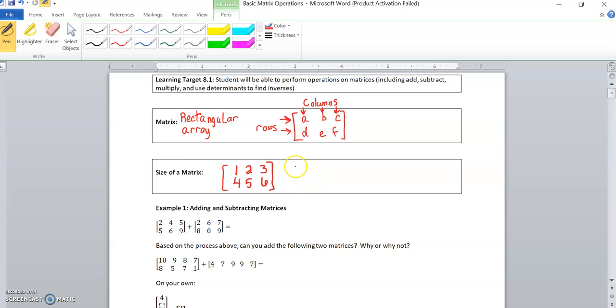Anytime you define the size of any matrix, it's the number of rows by number of columns. So in this case, we have 2 rows, 3 columns, so a 2 by 3. We would call that a 2 by 3 matrix.